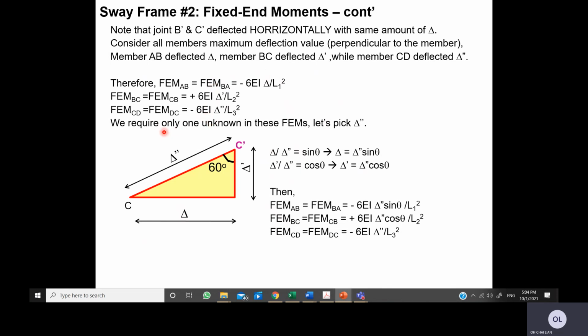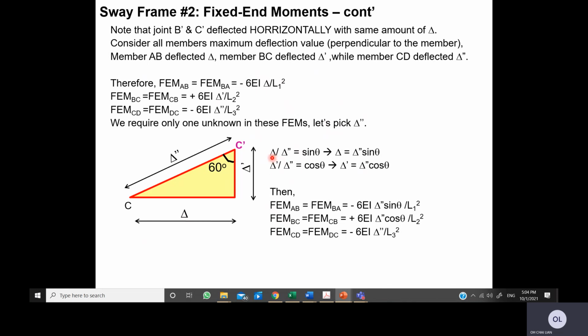In this case, we choose delta double prime, meaning that all the other equations will be written in delta double prime. To do that, we need to find the relationship between delta, delta prime, and delta double prime. Therefore, we choose the triangle here so that we can use trigonometry principles to find the relationship.